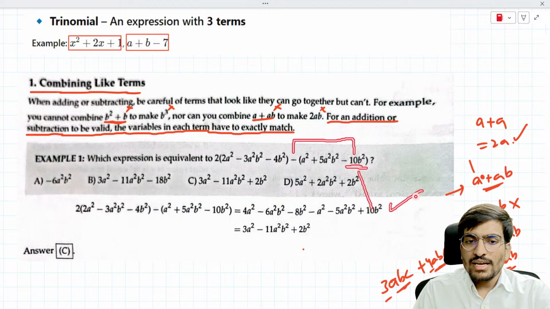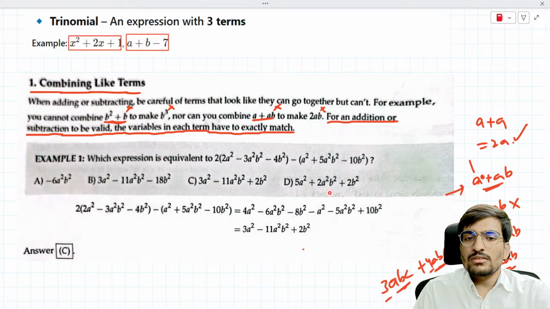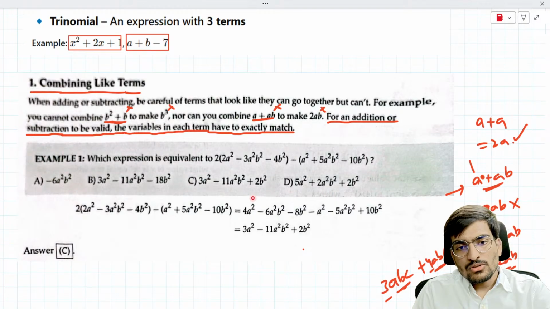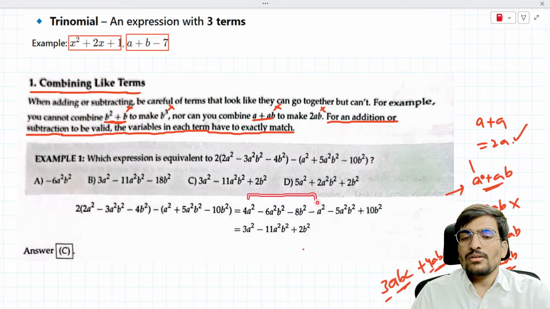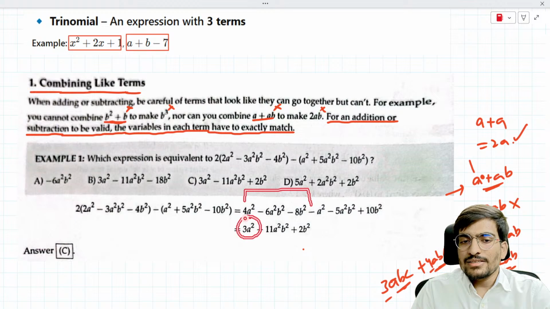After writing like this, you have to look for the terms which are like. You can see here 4a square and here a square, same. So you can do the calculation here: 4a square minus a square, that is 3a square. And then negative 6a square b square minus 5a square b square, negative 6, negative 5, which is negative 11a square b square.